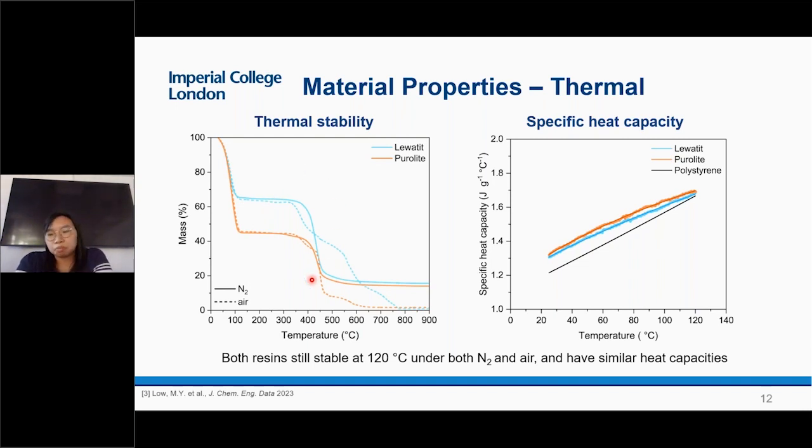So it would be stable for those conditions. And then on the right, we measured the specific heat capacity, and we see that they're both pretty similar, which is what we expect since their chemical features are basically the same. And we just compared their results to that of polystyrene from the literature, just as a quick sanity check to make sure these results make sense, which they appear to do.